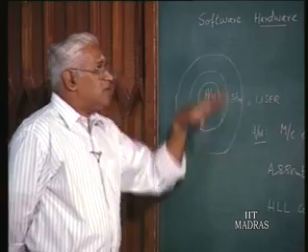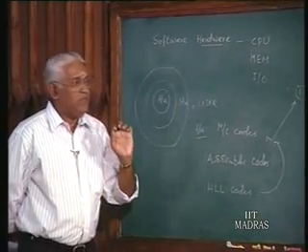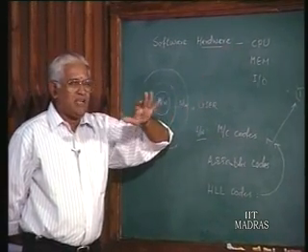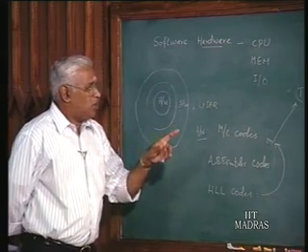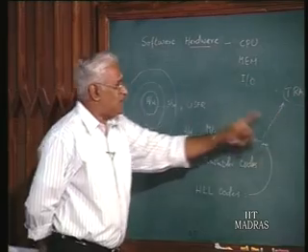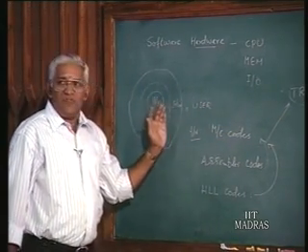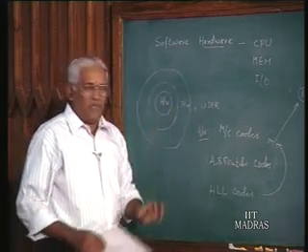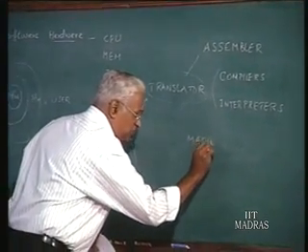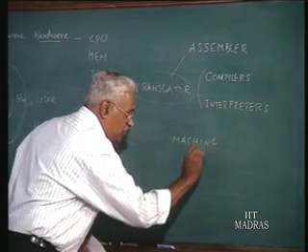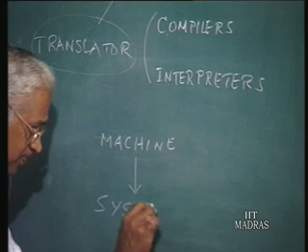Now, you can see that though we said the core of the hardware is CPU, memory, IO, which I would just call the bare machine, with this kind of translators added, we are going to one level of software away from the hardware. From the simple concept of machine, we are slowly graduating towards the concept of system.